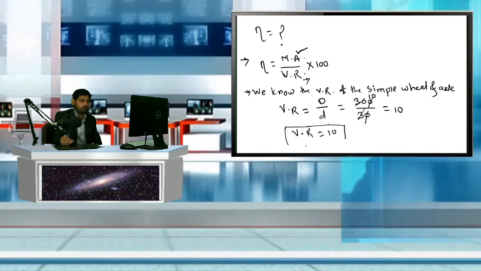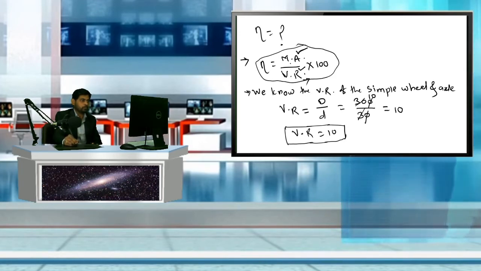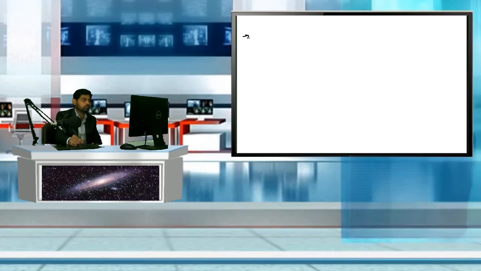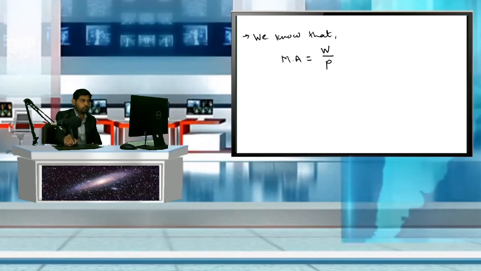Okay. Now once we get the value of velocity ratio, what is unknown in this formula? We don't know the value of mechanical advantage. Now we can find out the mechanical advantage value. How can we find it? We know that mechanical advantage is equal to W upon P. W is the load and P is the effort.